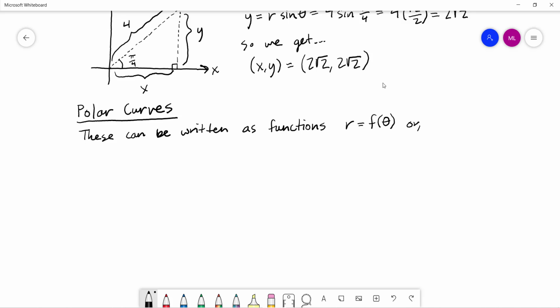Or, more generally, and it's totally possible to get curves that are not functions, as some f of r and theta is equal to 0, equal to a constant in general or 0 in particular. We can write it that way. Basically, the curves simply consist of all points that satisfy that equation.